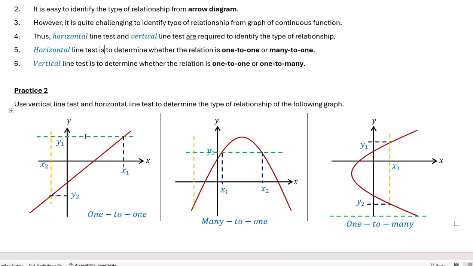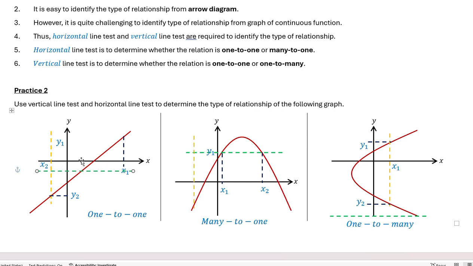Whenever I place that line, we've got one object pointing to one image. Again here, one object pointing to one image.